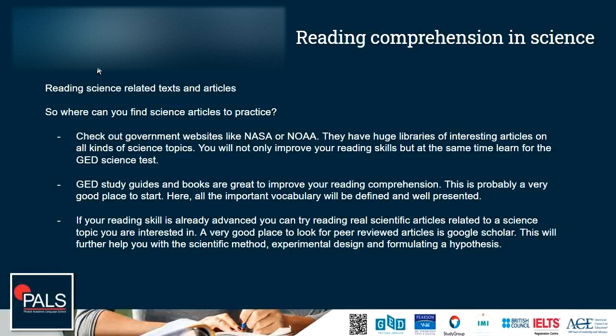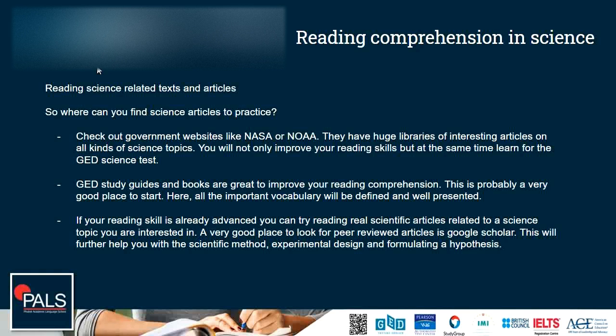There are a lot of free science articles, but not all of them are free. If you are really interested in an article that's not free, I can recommend you just email the author. They're usually very happy to provide the articles to you if you ask nicely. And this will help you a lot in improving your reading comprehension to a very high level if you're already advanced.